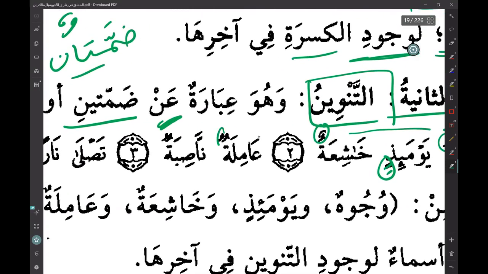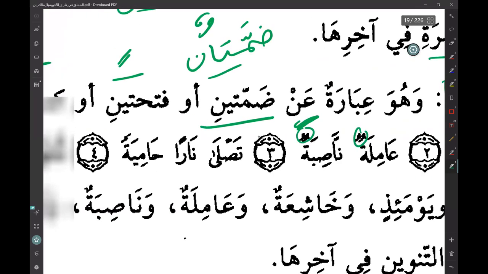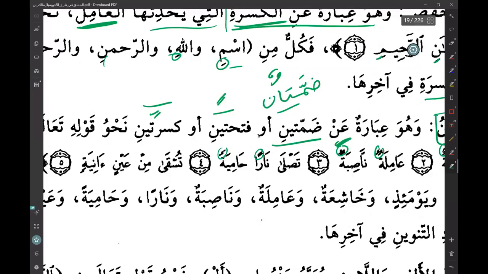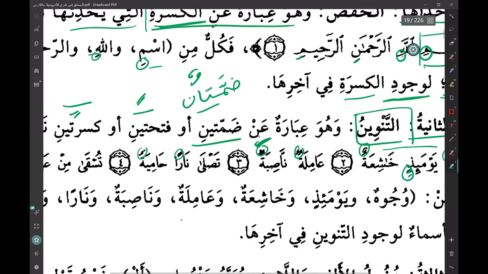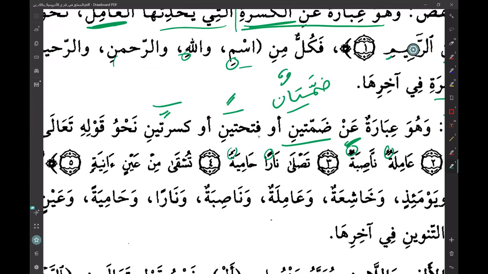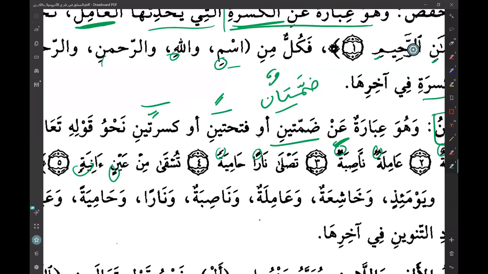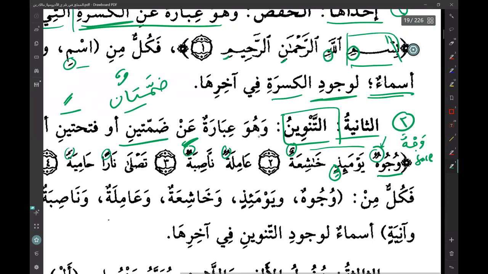Then we have tanwin here, amilatun nasiba, tasla naran hamia. He's giving a very good verse with a nice choice of words, because there are a lot of tanwins here. Just by looking at tanwin, what do we know? They are ism. I have to stop saying noun, right? They are ism. Clear, guys?